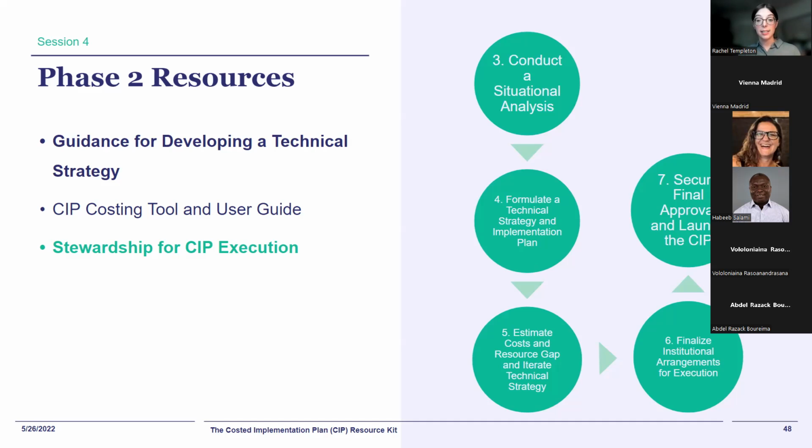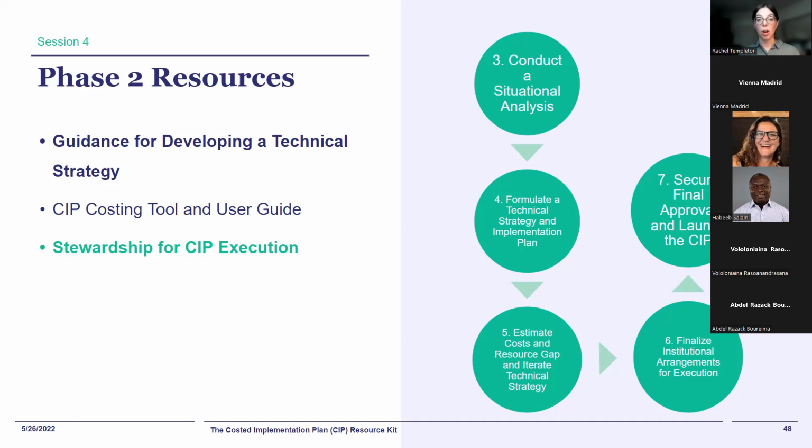Complementing this guidance is the CIP costing tool and user guide, which is meant to be really used hand in hand with the technical strategy. And this tool also contains a gap analysis tool, so you can do a resource gap analysis. And in practice, something I think Michelle and Laura talked about is that the technical strategy and costing often take place in an iterative manner and in parallel rather than subsequently.